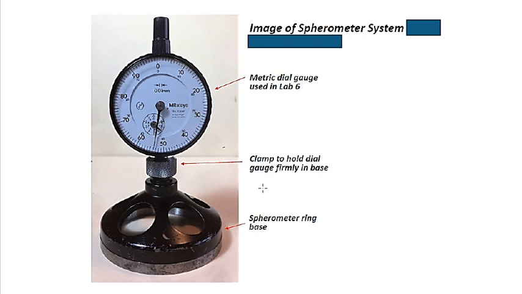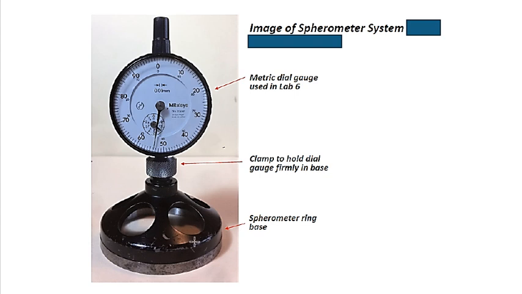And then of course you clamp it so you get more stability, and the gauge is now attached to the base in a very stable way. Then you have your spherometer ring base right here.